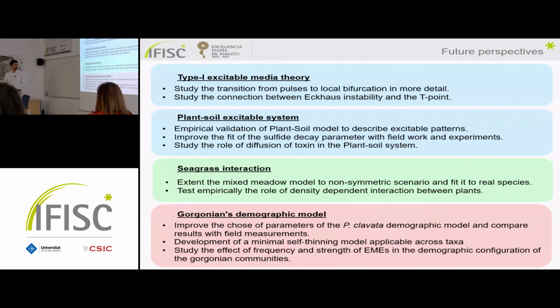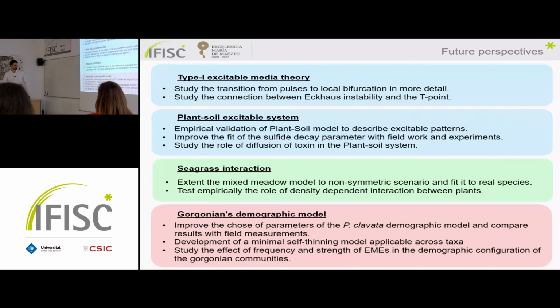Finally, for the Gorgonians, we have to fit a little bit better the parameters, because many of the ones that I used in the thesis were not very based on biological data. And in this way, also, we can try to compare the results of our model with real observations.